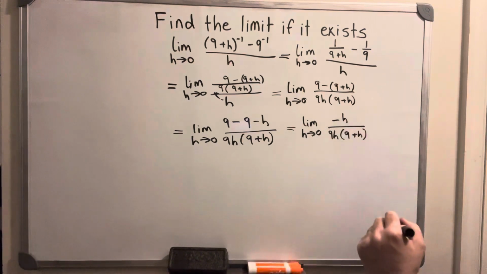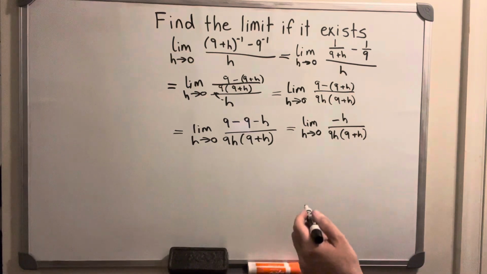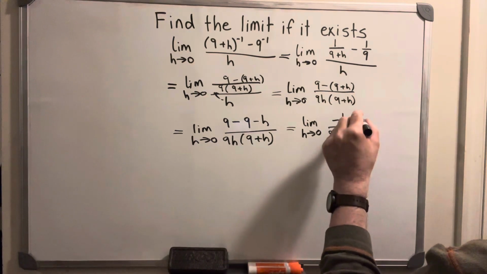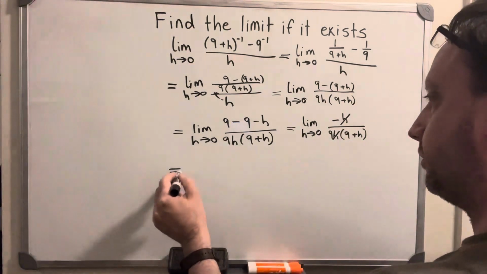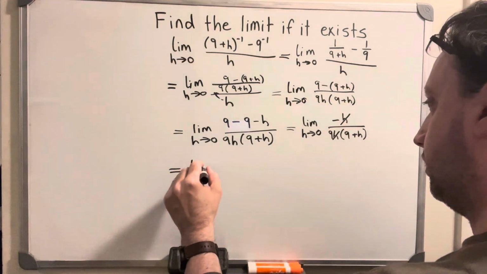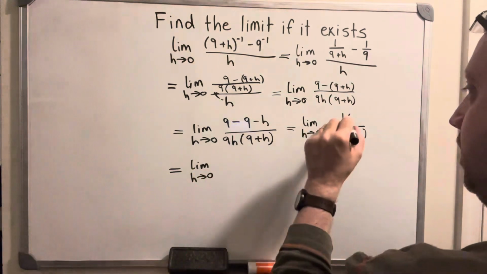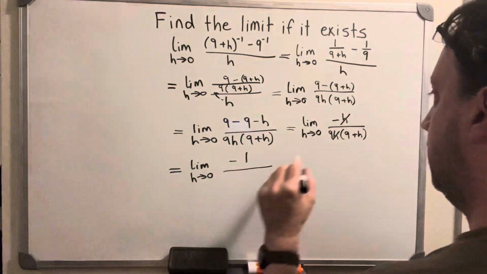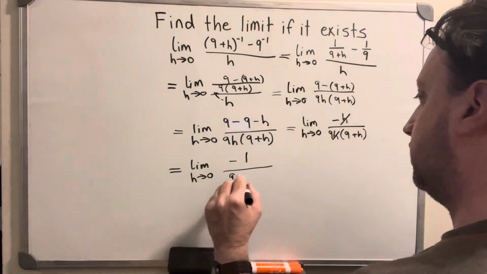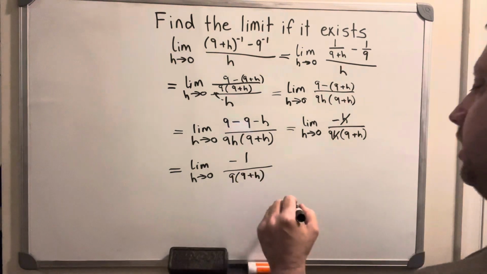What can we cancel out now? What do we have in both the numerator and the denominator? Finally, we can get rid of this h, which leaves us with the limit as h approaches 0. There's just a negative up top, so we can just put negative 1 over 9 times 9 plus h.